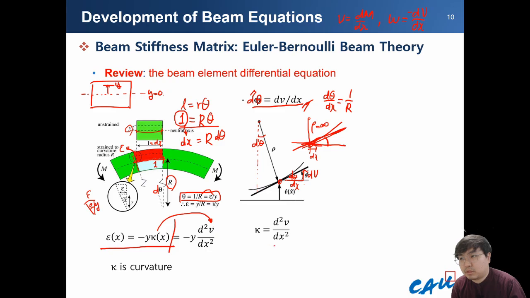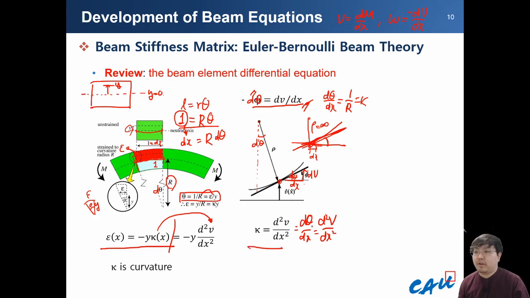So one more time, finally we obtain that the curvature is the second derivative of v with respect to x, and finally we obtained this relationship, which looks like this. Every time I forget how to derive this relationship, but please remember it until the final exam.